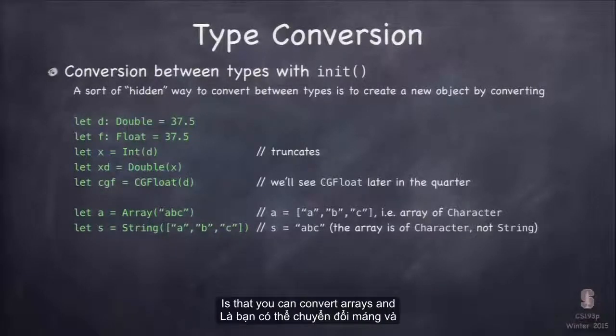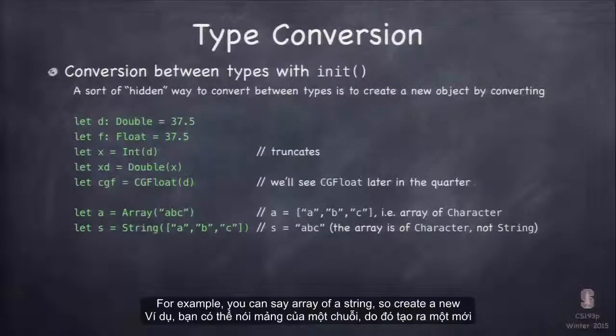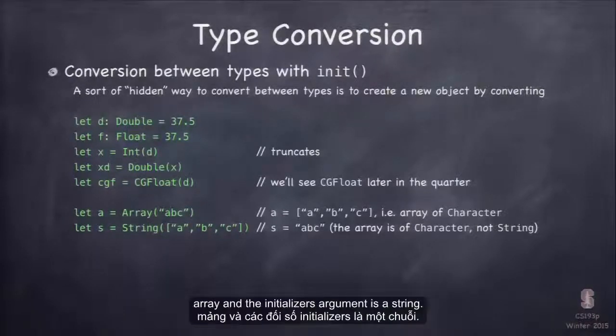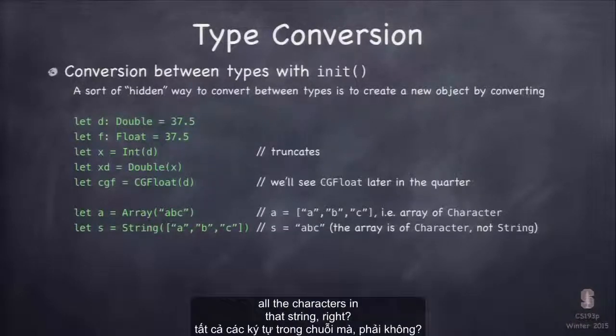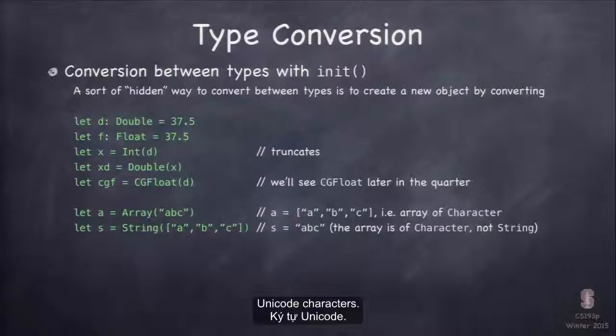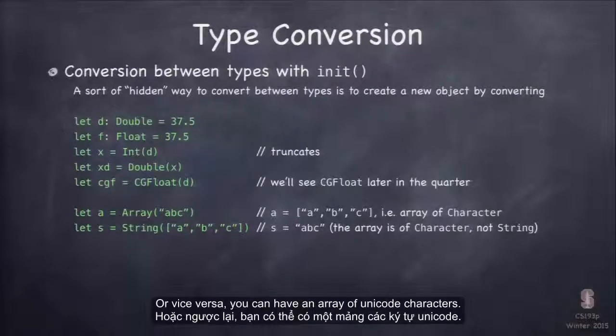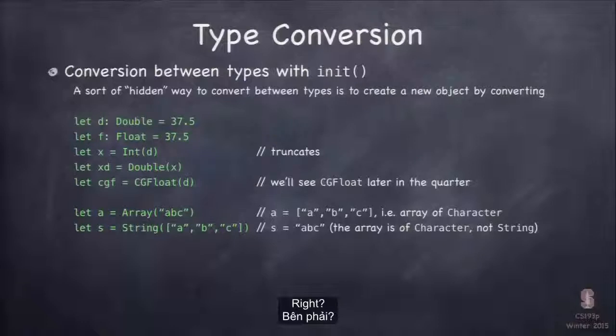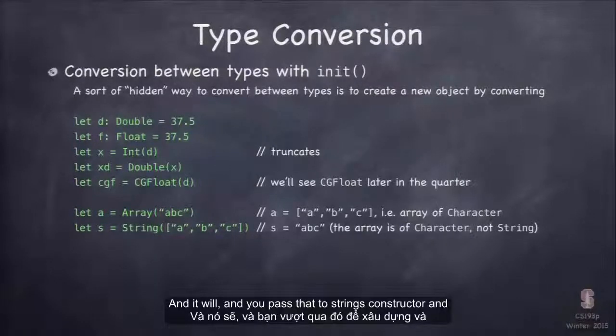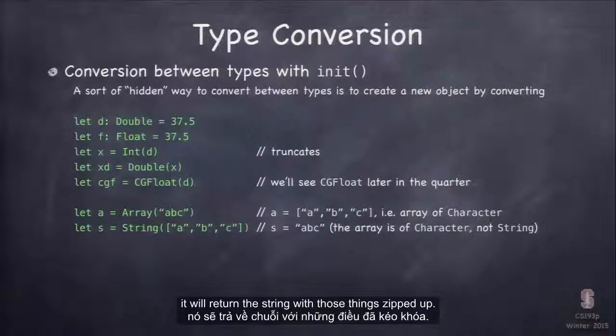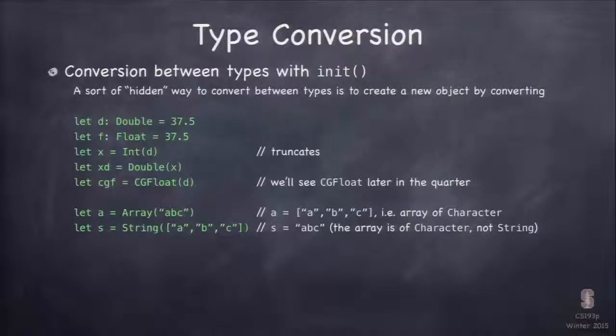But you also might be surprised, actually if you read the homework carefully or the reading assignment, you saw this, that you can convert arrays and strings using these initializers. For example, you can say Array of a string, so create a new array, and the initializer's argument is a string, and it will return you an array of all the characters in that string, right? Unicode characters. Or vice versa, you can have an array of Unicode characters, and you pass that to String's constructor, and it'll return a string with those things zipped up.